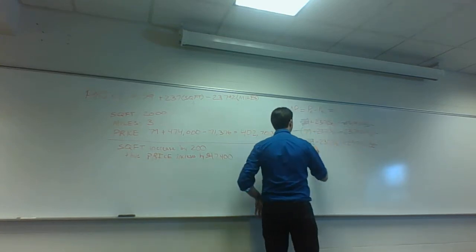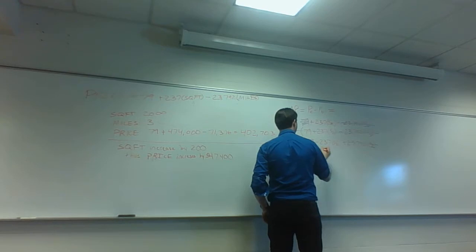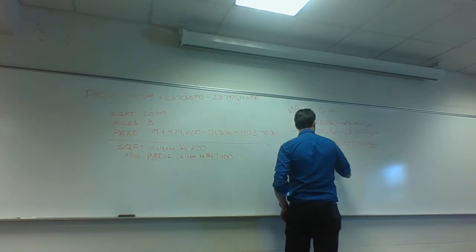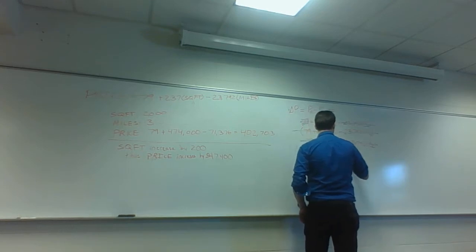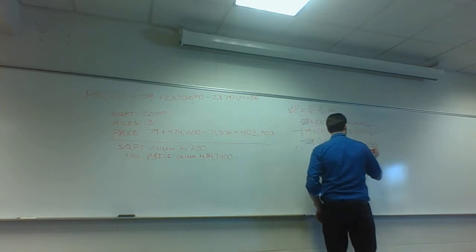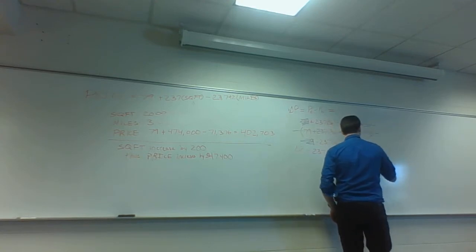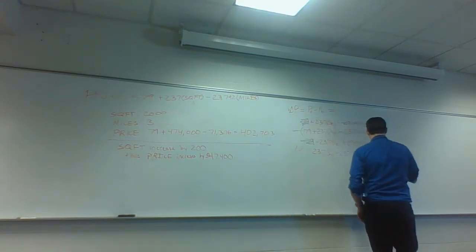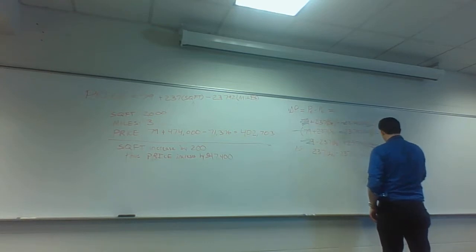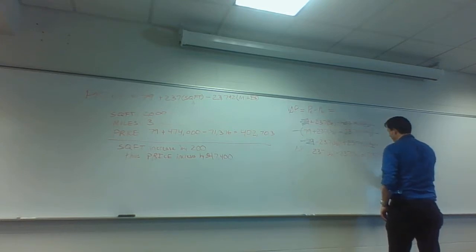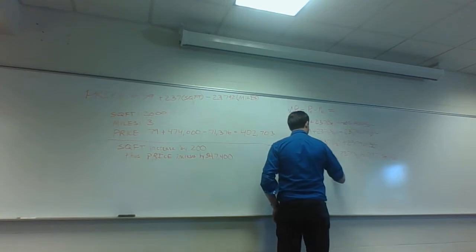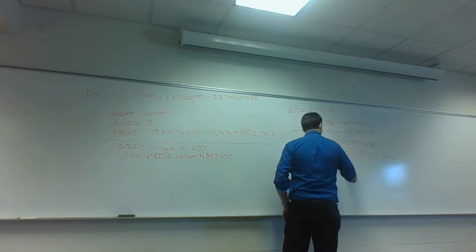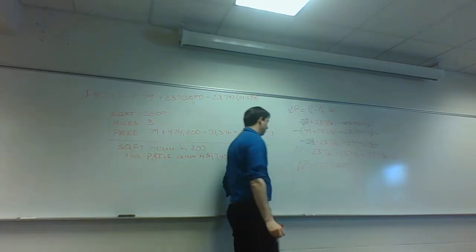And I'm left with change in price equals 237 S now minus 237 S before, which equals 237 times S now minus S before. In other words, change in price is 237 times the change in square feet.